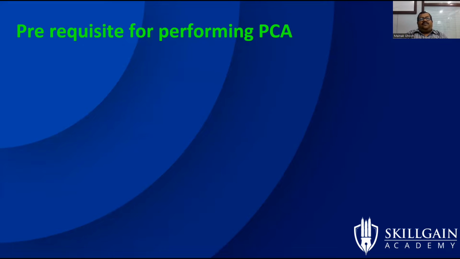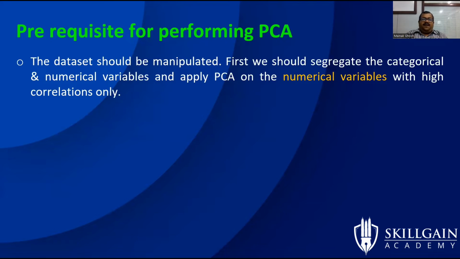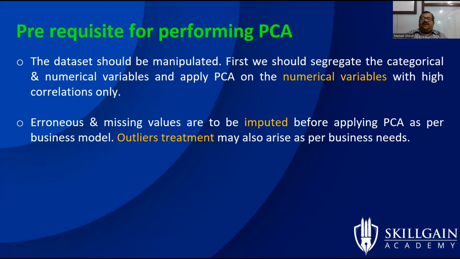Now, what are the prerequisites of performing PCA on a dataset? The dataset should be manipulated. First, we should segregate the dataset into numerical and categorical variables and apply PCA on the numerical variables only. Erroneous and missing values are to be imputed before applying this technique.